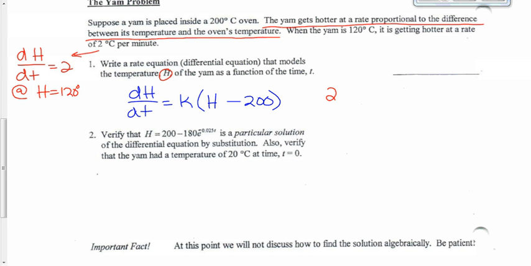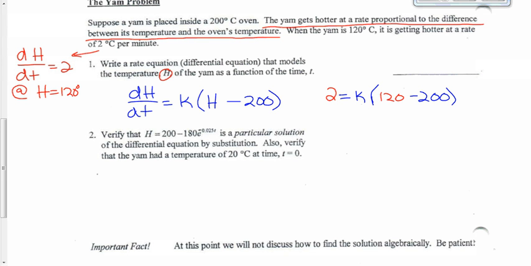So I have 2 is equal to K times, and my dH/dt is 2 when the temperature of the yam is 120. So 120, sorry about that, minus 200.